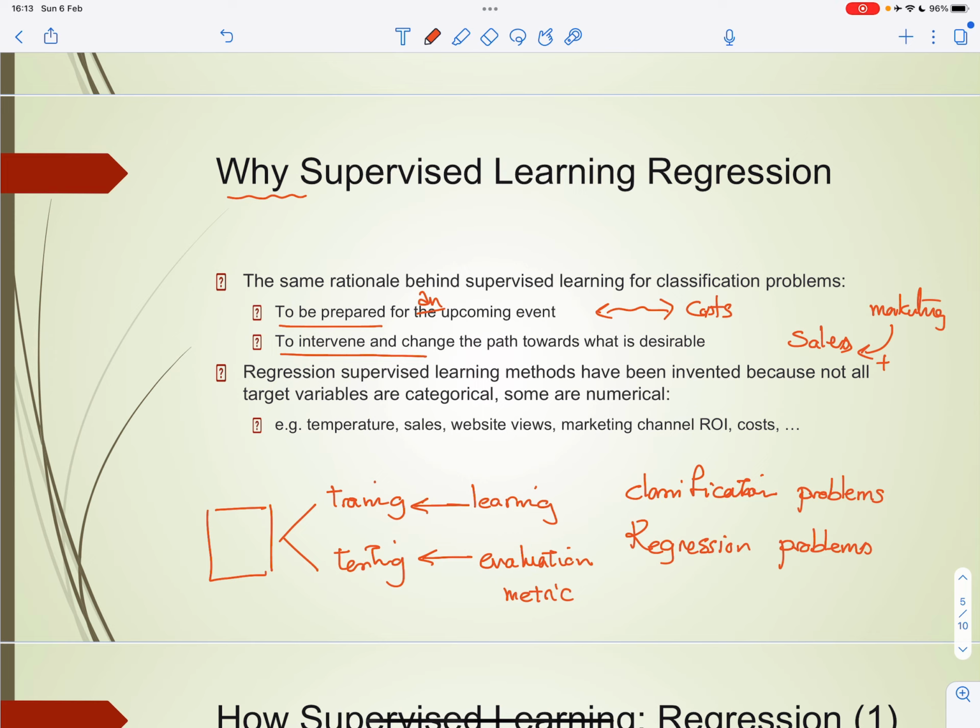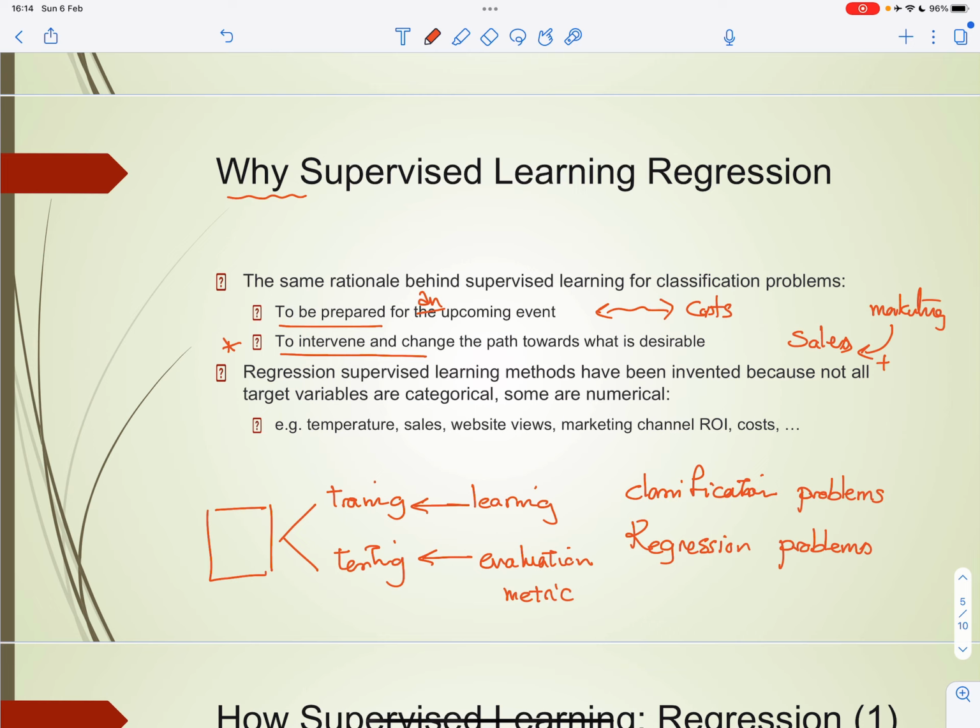So this is the intervention, or change of the path towards what is desirable, which is higher sales.